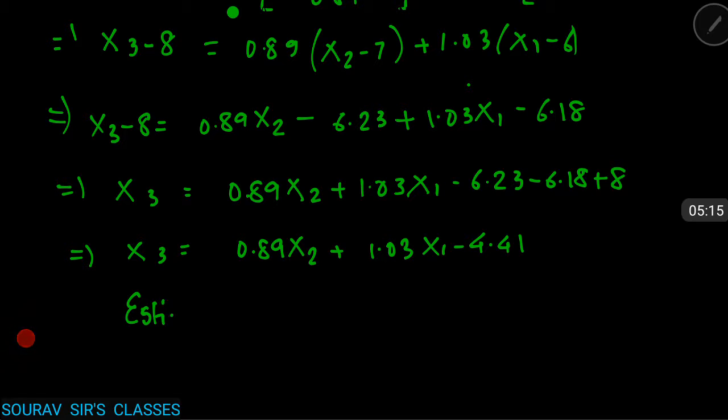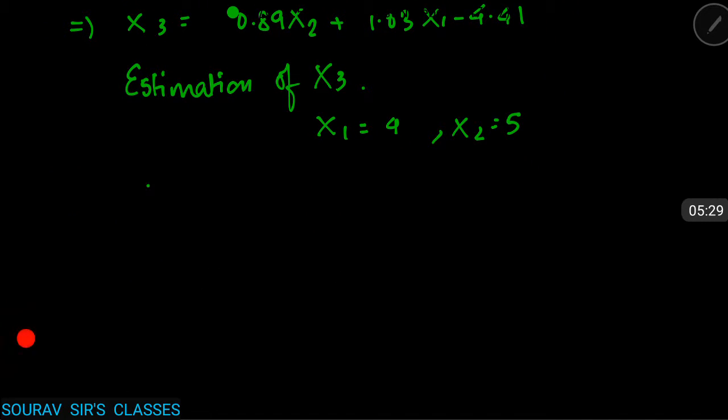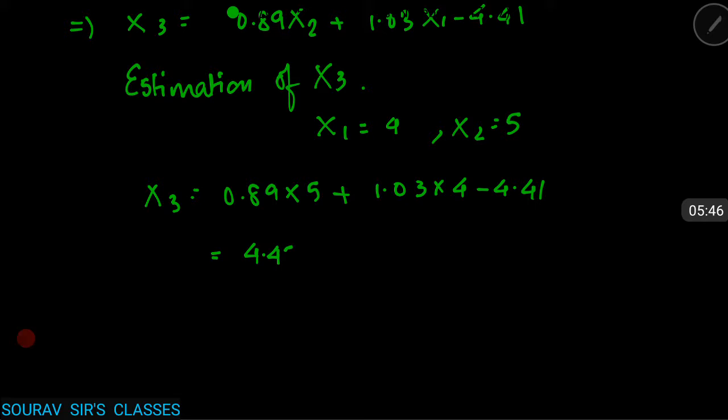Now, estimation of x3. Putting x1 equal to 4 and x2 is equal to 5, we get x3 is equal to 0.89 into 5 plus 1.03 into 4 minus 4.41, which is equal to 4.45 plus 4.08 minus 4.41, which is equal to 4.12.